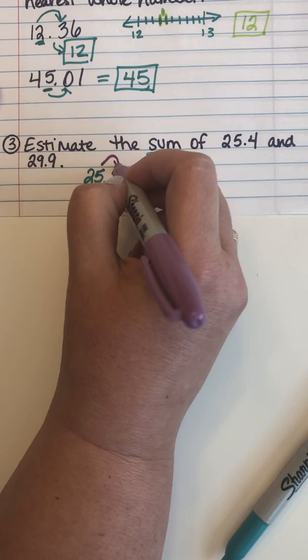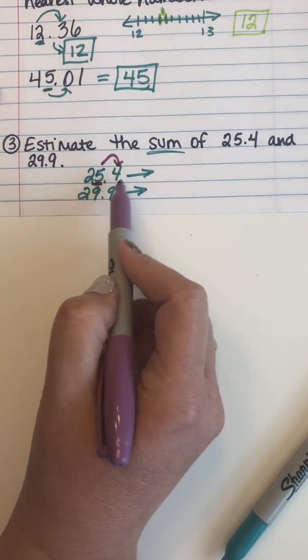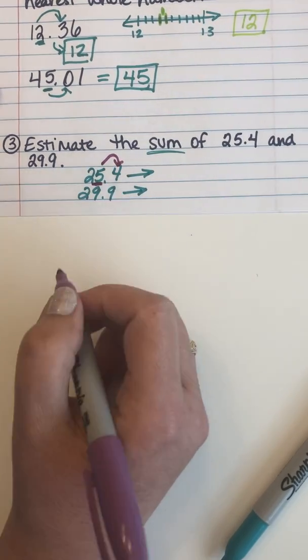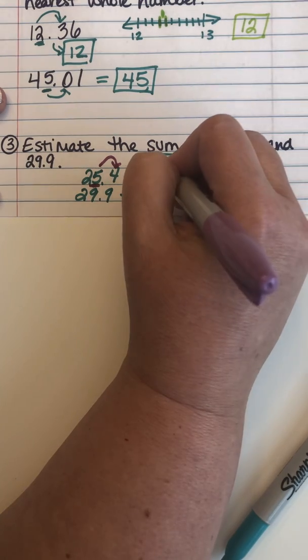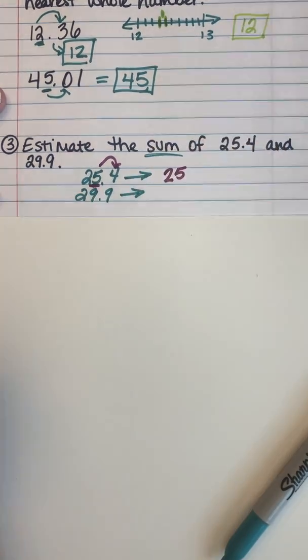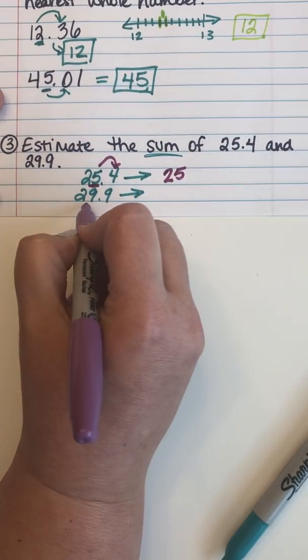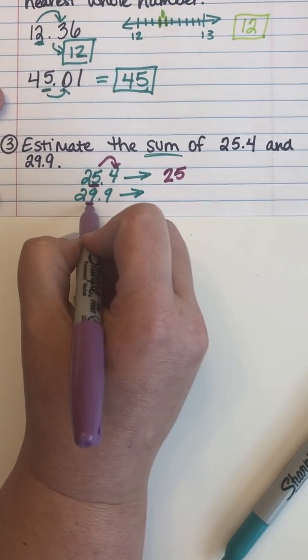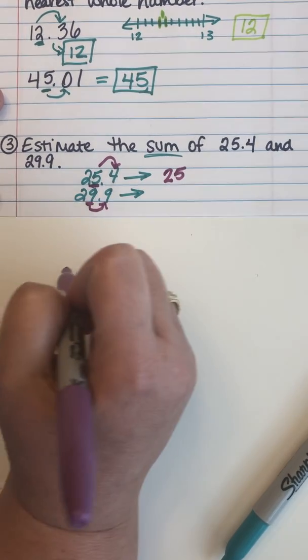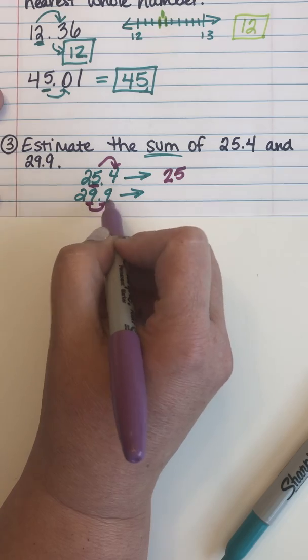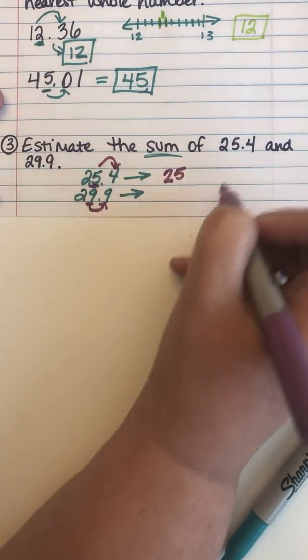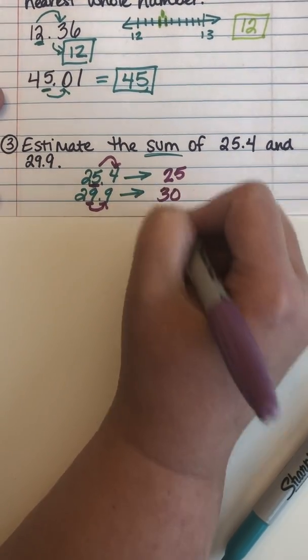Look to the right, 25.4, 4/10. 4 is less than 5, so I'm going to round that down to 25. Here, 29.9, look to the right, 9. 9 is 5 or greater, so I'm going to round that up to 30.